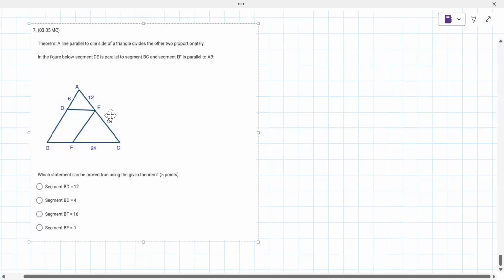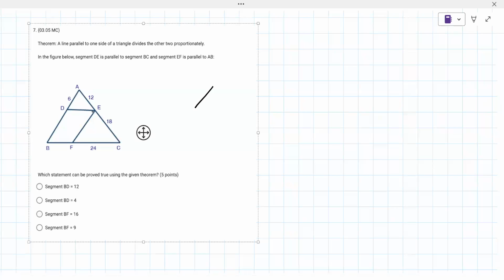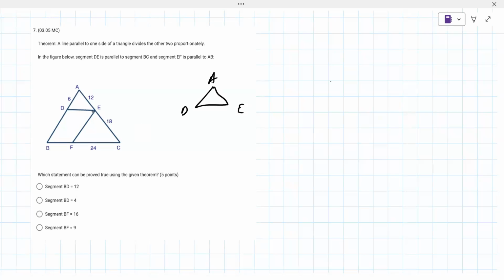The theorem: a line parallel to one side of a triangle divides the other two proportionally. Which statement can be proved using the given information? You have to be careful here which ones you're looking at. It's either triangle ADE, this one up here, to the big one, which is ABC.